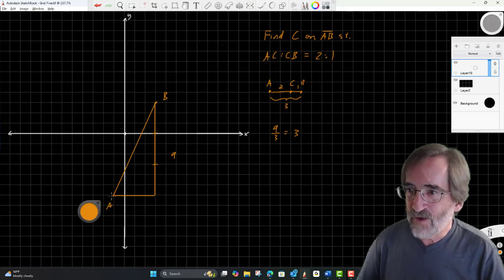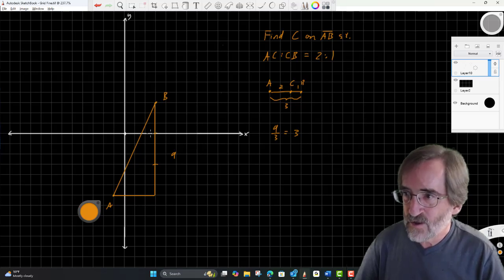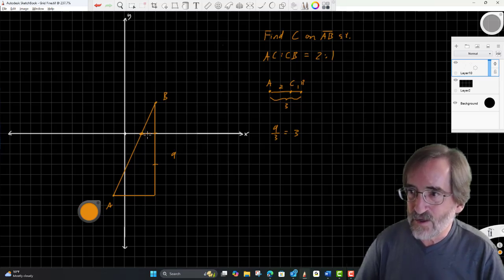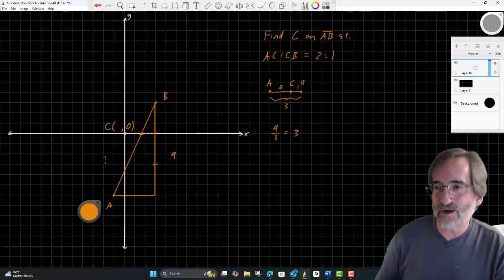Now we're going from A to B, so we're going to go from bottom to top. 1, 2 parts. So that means the point is right here. Now I can read the y-coordinate quite easily. C is going to be something x and 0 for y, because it's going to be right on the y-axis.